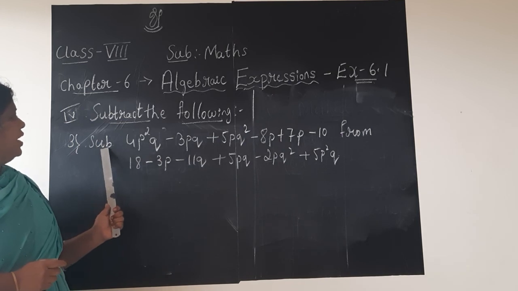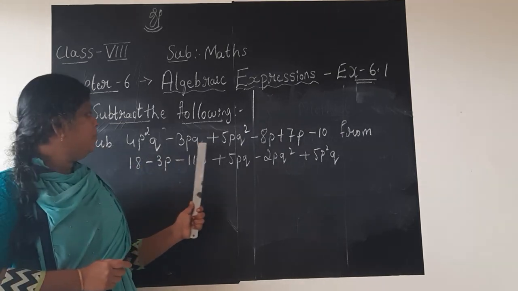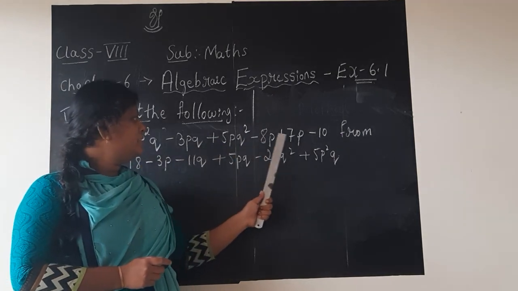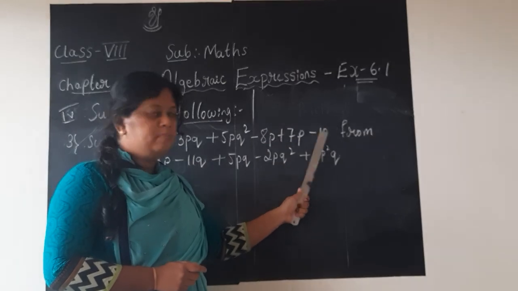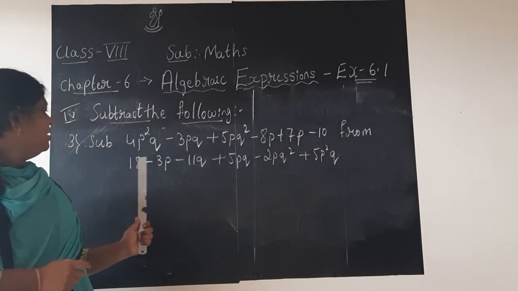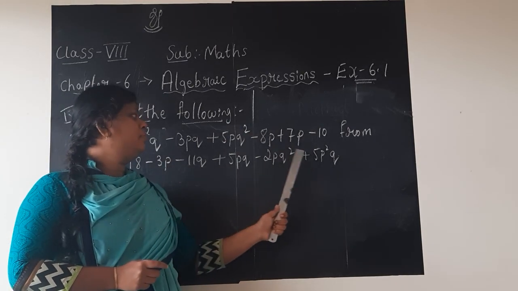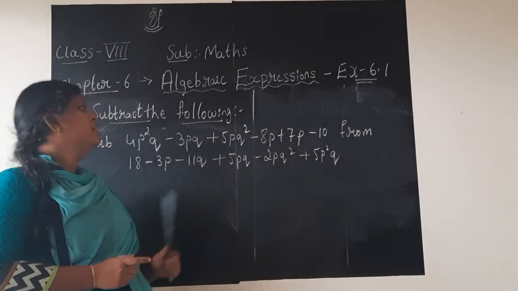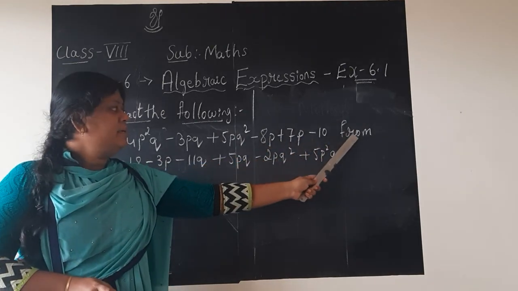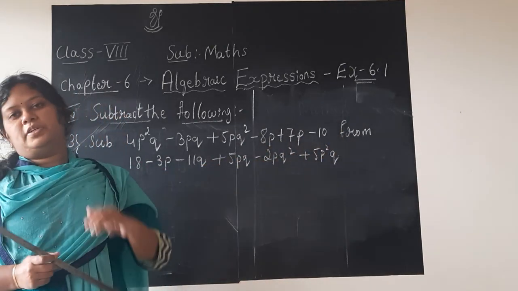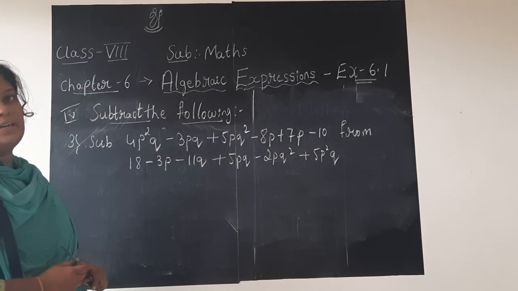Subtract 4p square q cube minus 3p cube plus 5pq square minus 8p plus 7q minus 10 from 18 minus 3p minus 11q cube plus 5p cube minus 2pq square plus 5p square q cube. So the first step is, from whatever expression is given, from that we need to subtract the other.